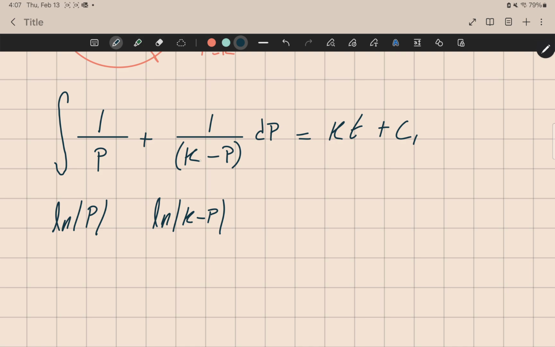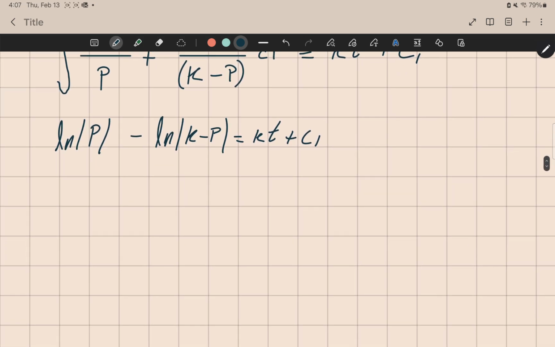The derivative of k minus p with respect to p is -1. So I'm going to throw a negative sign in there, and that's going to be equal to kt plus c1.